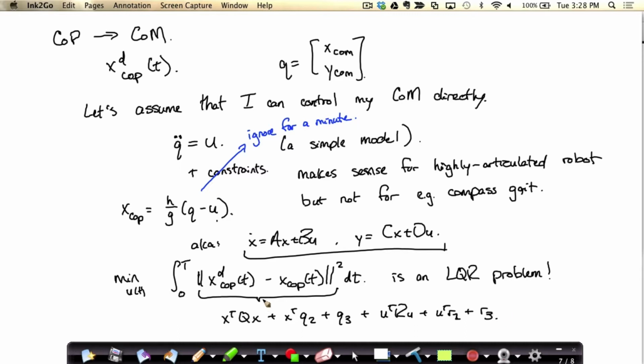It's just a quadratic because I've got a linear function here. The squared term gives me a quadratic function. It's quadratic in X and U. The only thing that's different than what we talked about before was that because I have some of these affine terms in here too, it's a full quadratic form.